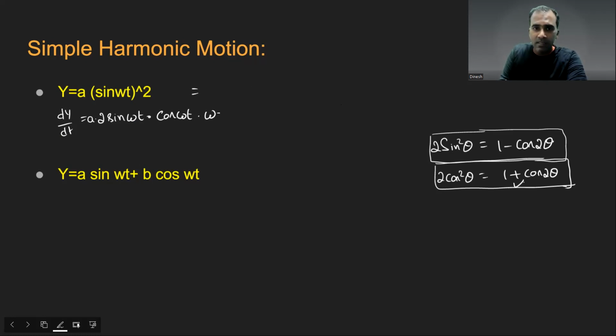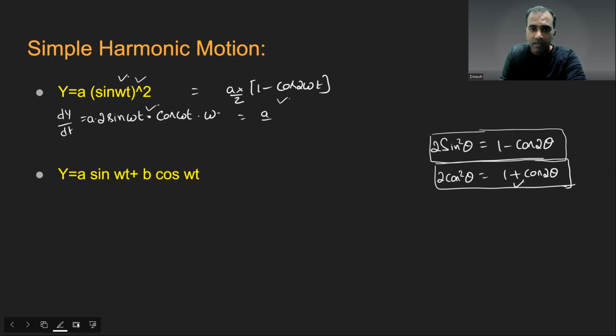I'm writing it as 1 minus cos of 2 omega t divided by 2. If you know how to differentiate this, that is also fine. Change it into a format you are comfortable with, and then differentiate.